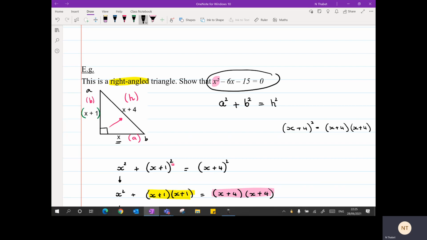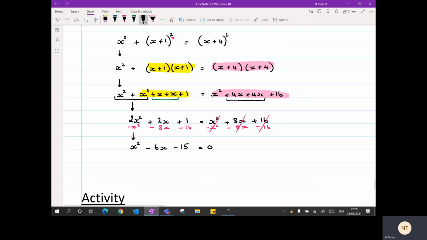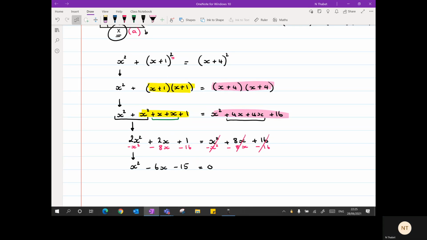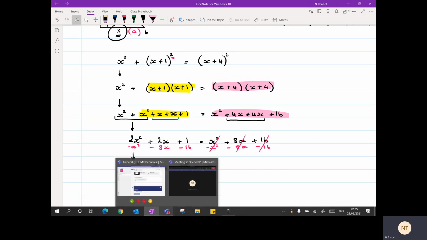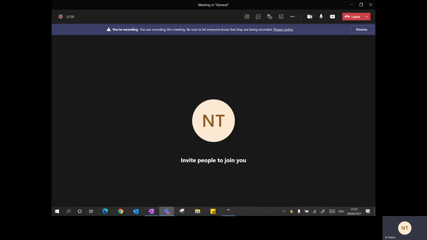And if one of the x's was a negative answer, you would have to reject it and say that x can't be negative because the dimension of a triangle, or a shape, cannot be negative. So this is all quadratic equation, the quadratic formula.